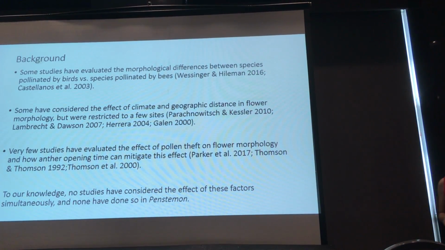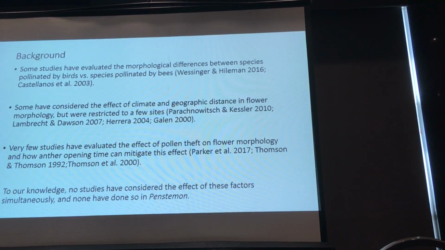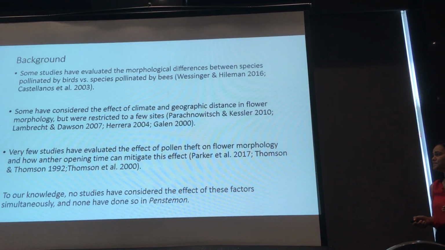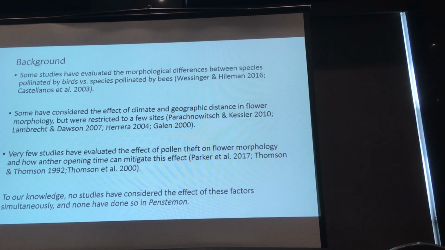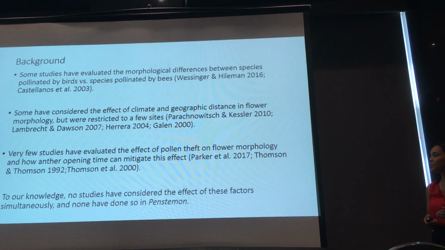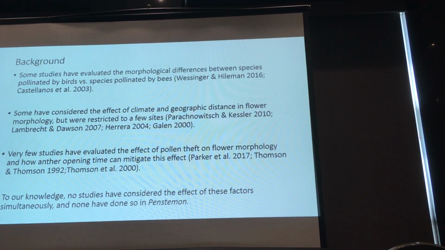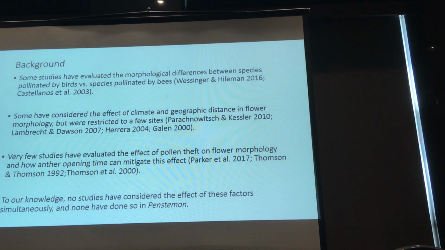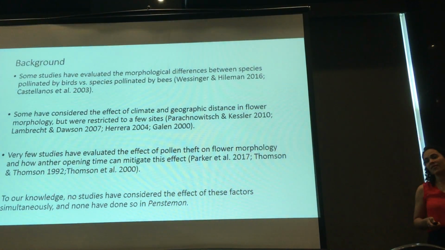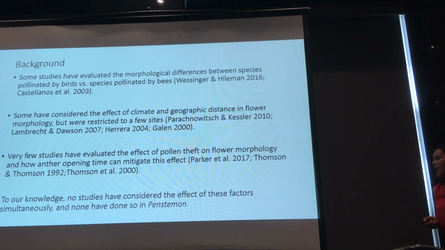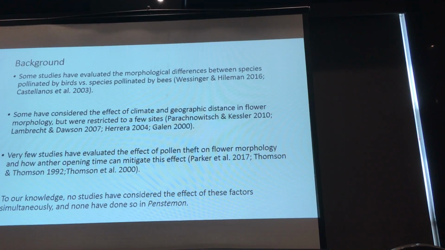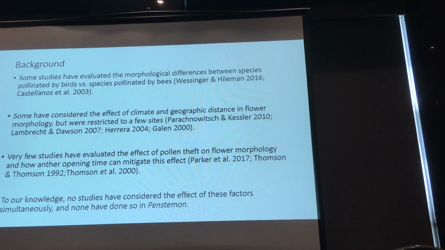Very few studies have evaluated how the flower can use anther adhesion and anther shape to mitigate the effect of pollen thieves and how that can influence flower morphology. And finally, no studies have evaluated how all these factors influence flower morphology together. So I'm planning to do so in Penstemon.